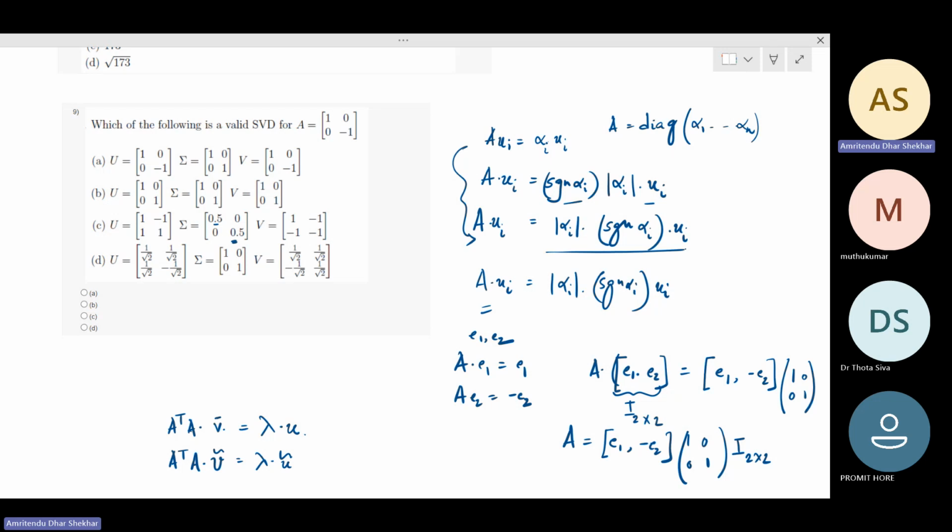Okay, I hope this makes sense. Hopefully this makes sense, what I'm trying to say. If you have unique singular values, then it's going to be unique only.